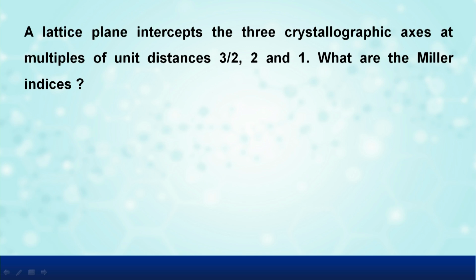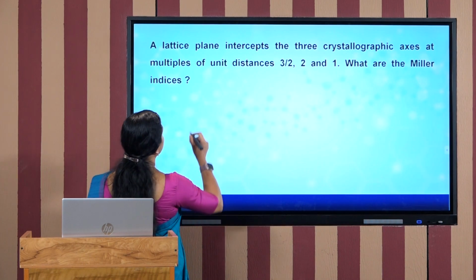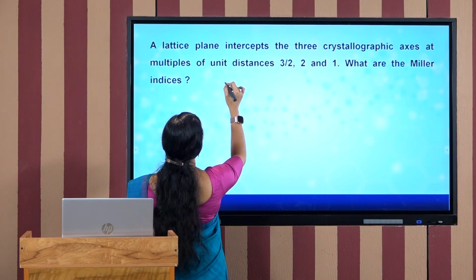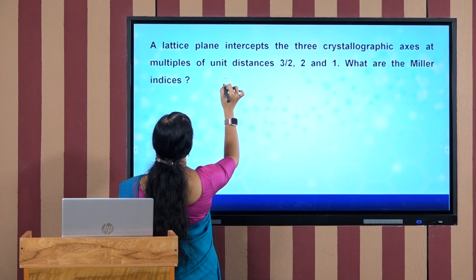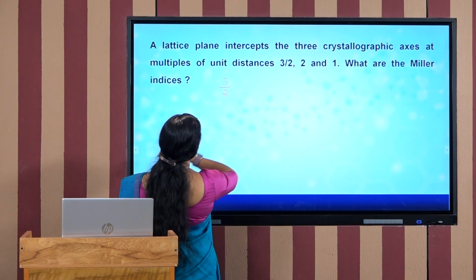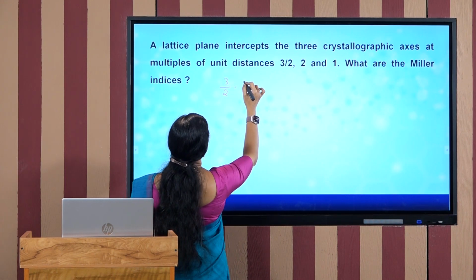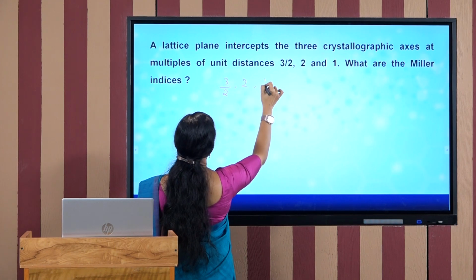Now, another one. A lattice plane intercepts the 3 crystallographic axes at multiples of unit distances 3 by 2, 2 and 1. What are the Miller indices? So, it is given that the 3 intercepts are 3 by 2, 2 and 1.